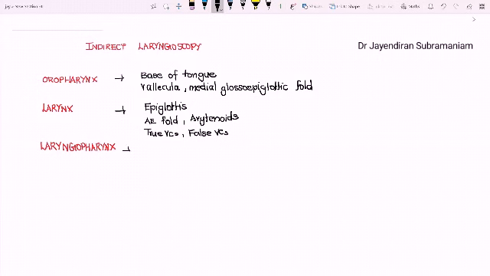Then hypopharyngeal structures, or laryngopharyngeal structures. So what are the structures? We can see both pyriform fossa or pyriform sinus. Then we can see the post-cricoid region.